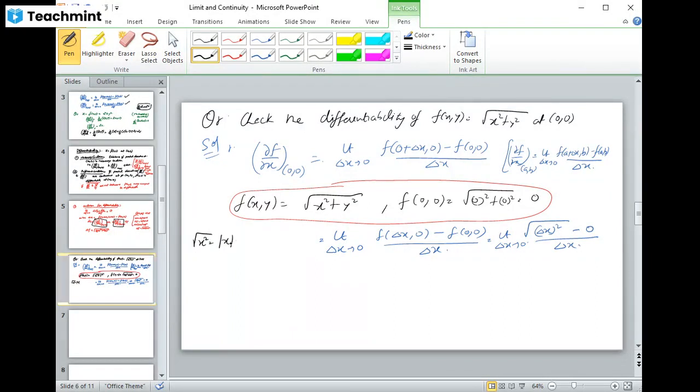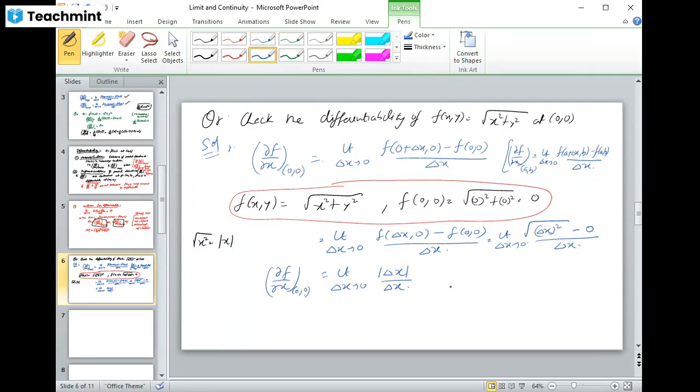It is mod of x, because mod of a number is always positive. So the limit as delta x tends to 0: the square root of delta x square becomes mod of delta x upon delta x. This is the value of curly f upon curly x at the point (0, 0).